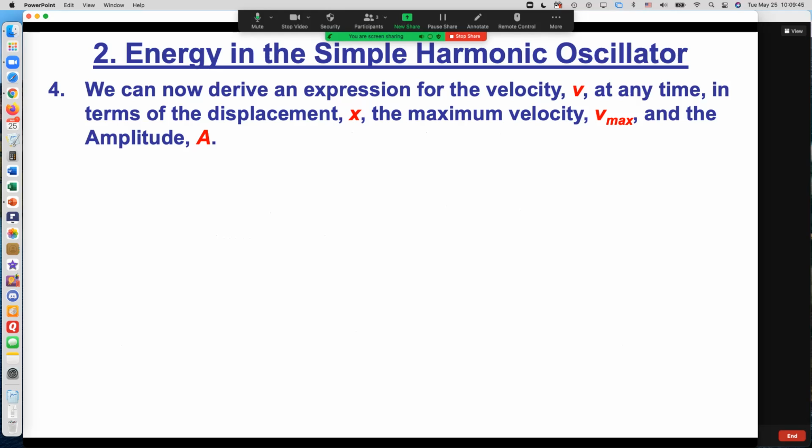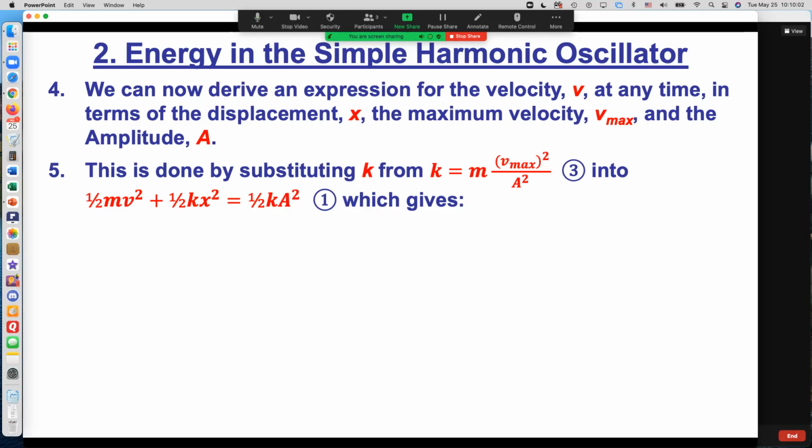So we can now derive an expression for the velocity at any time along the path in terms of displacement, the maximum velocity, and the amplitude. So from equation 3, we put K into here. Right?